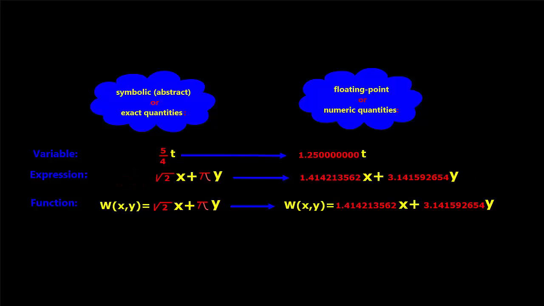For exact quantity, such as W(x, y) equals the square root of 2x plus pi y, by rounding off, or approximating, we can get the numeric quantity W(x, y) equals 1.41421356 x plus 3.14159265 y.